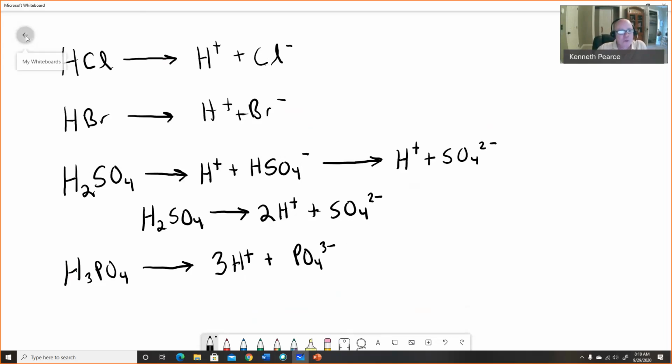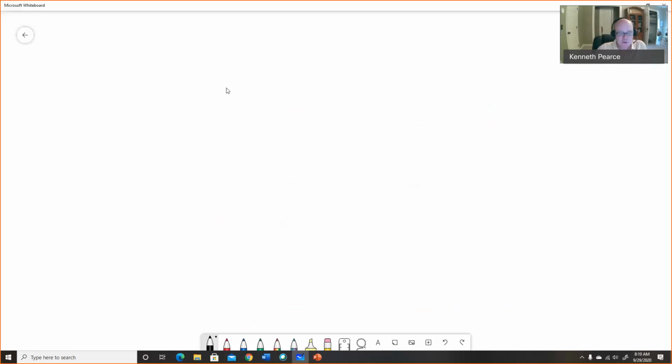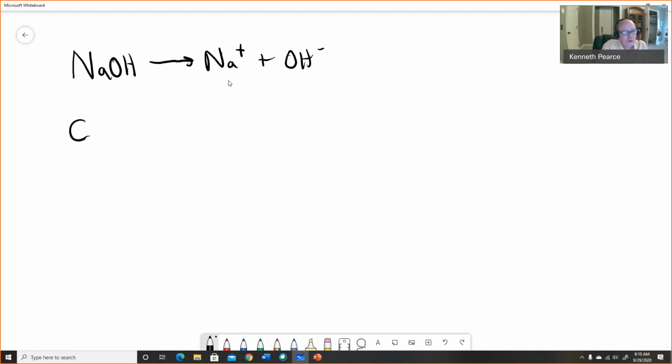And so when a base dissociates, the hydroxide comes off. So we have, say, sodium hydroxide. It's going to produce the sodium cation plus the hydroxide. And just like with the acids, if you have more than one hydroxide, that 2 in the parentheses means you come off with 2 hydroxides.